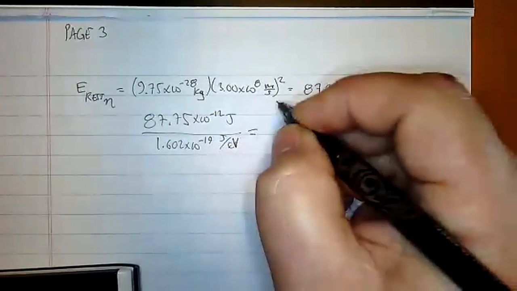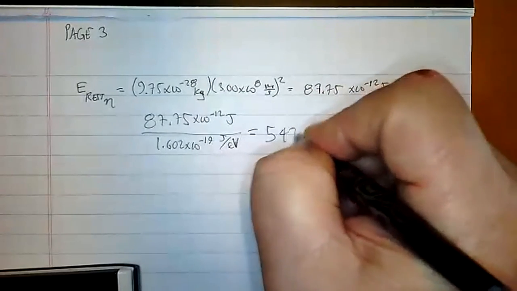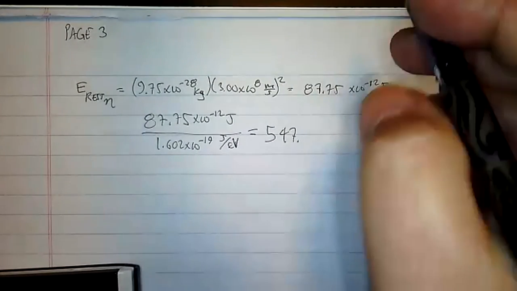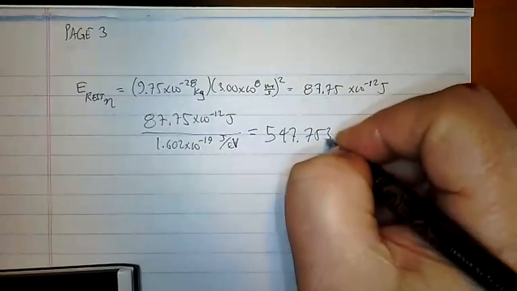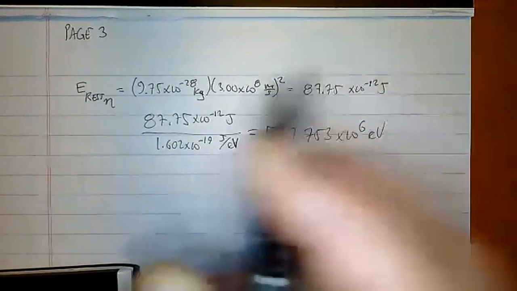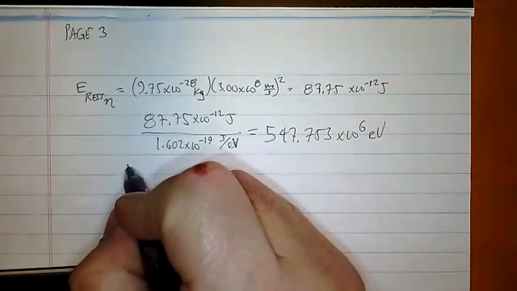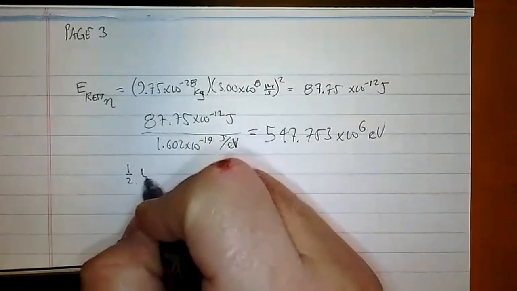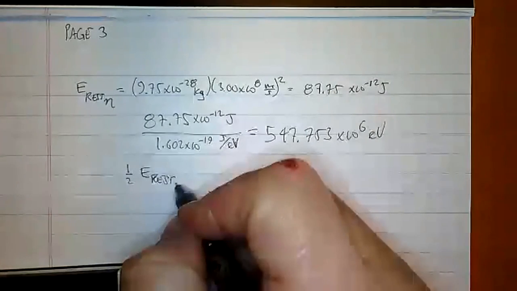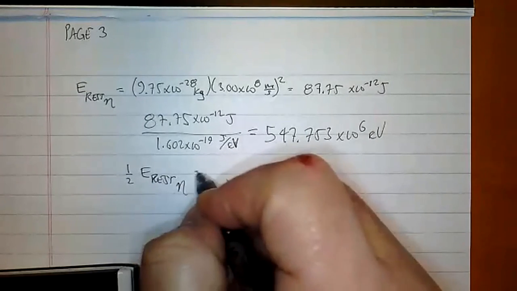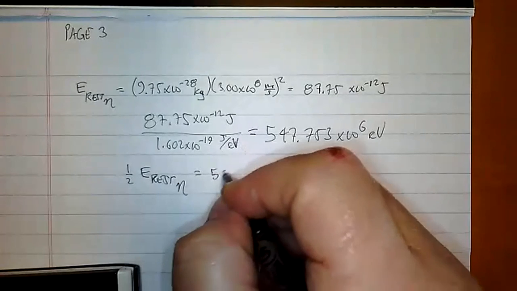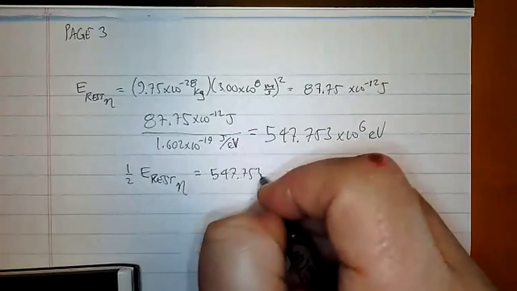And that gave me 547.753 times 10 to the 6th eV. Now it's working. I don't understand what happened. Now that I plug it in again, it gave the right answers. Is that what I did wrong? Yeah, that's probably what I did wrong.